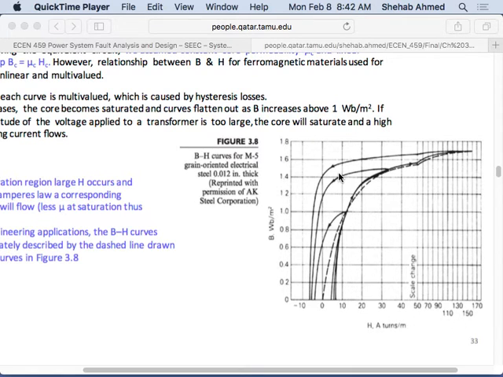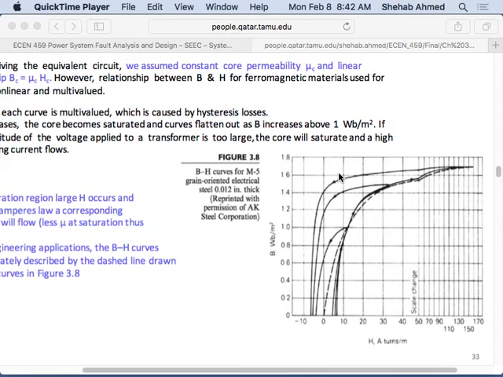If you put more current and you don't get more B, then there will be no time varying flux component in that case. If there's no time varying flux, then there's no additional voltage generated across the windings to allow you to overcome higher currents coming into the transformer, right? So this is one non-ideality we did not consider in the model.